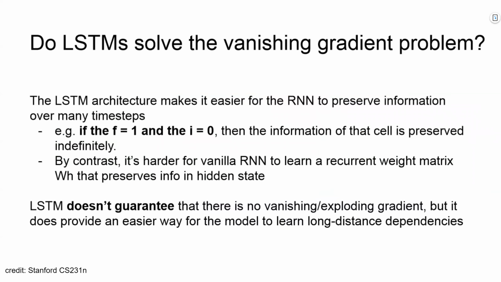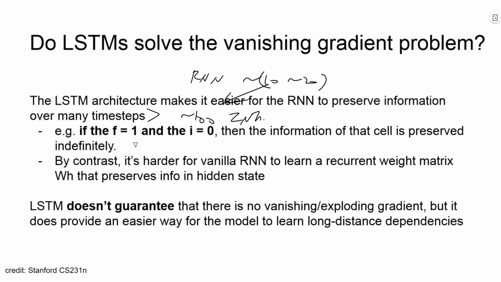And do LSTMs solve the vanishing gradient problem? The LSTM architecture makes it easier for the RNN to preserve information over many time steps. How many time steps? Around 100. In the case of vanilla RNNs, it's about 10 to 20. It's way better than normal RNN. However, it's not infinite.